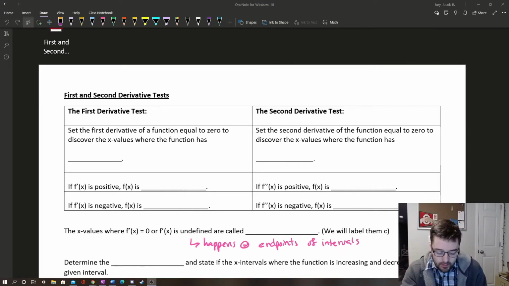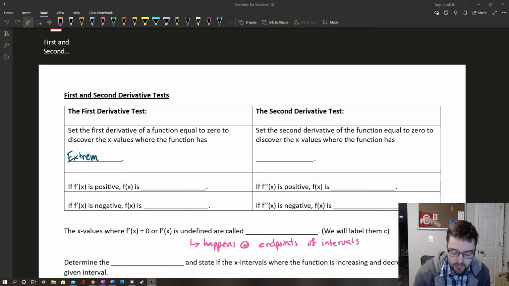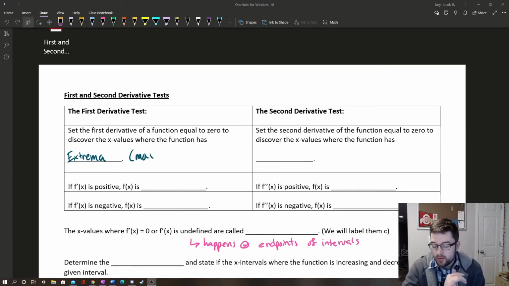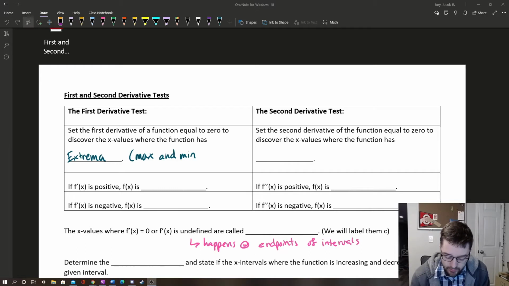The first derivative is going to help us figure out where the function has extrema. So that means max and mins. For this, if f prime of x is positive, f of x is going to be increasing.